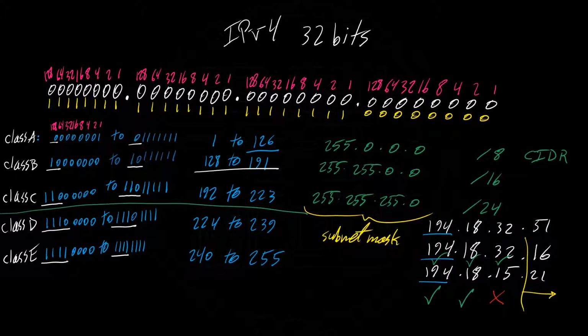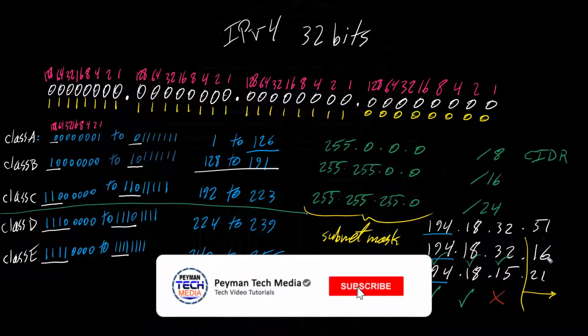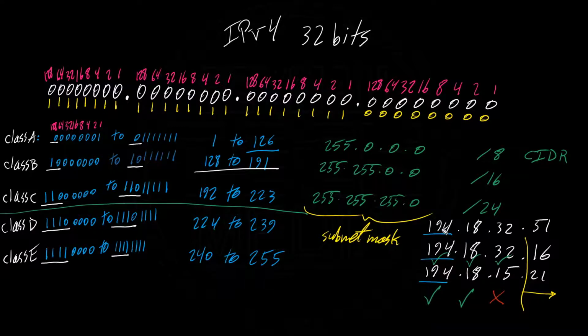And another thing that we need to keep in mind, in the host portion, for example, if this IP address 194.18.32.51 was .16, and because here we have .16 already in use, and if these two IP addresses belong to computers on the same network, same location, this is considered a duplicate IP address.